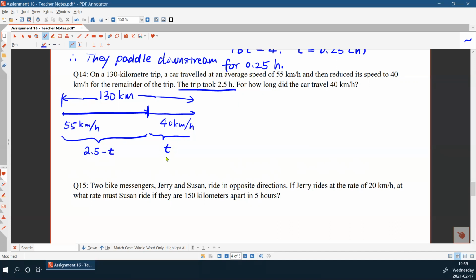So if this is t here, then here is 2.5 minus t, right? So this sketch illustrates the whole problem here. Again, if you want to find the time taken for the car to travel at 40 kilometers per hour, it's better to use a letter t to denote this time.